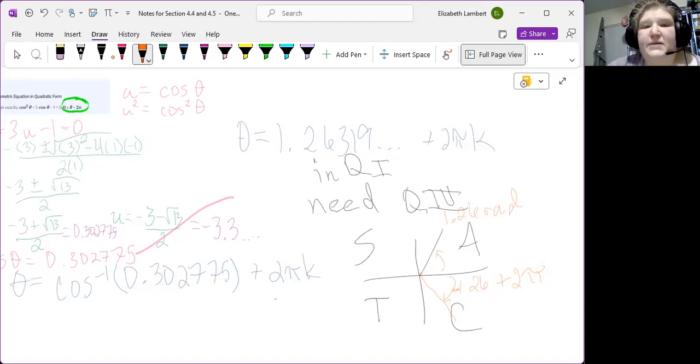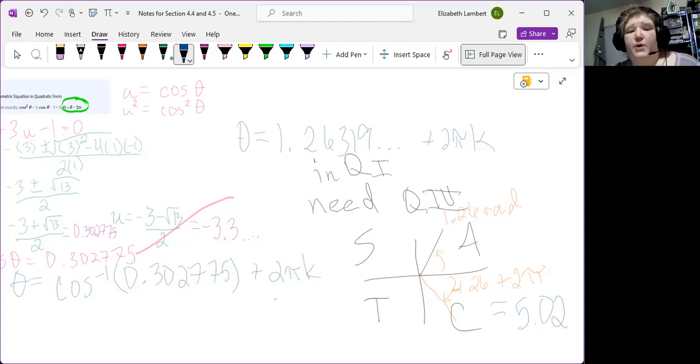And that is 5.02. So that is our other angle, the quadrant 4 angle that will also produce a cosine equal to 0.302775, blah, blah, blah.